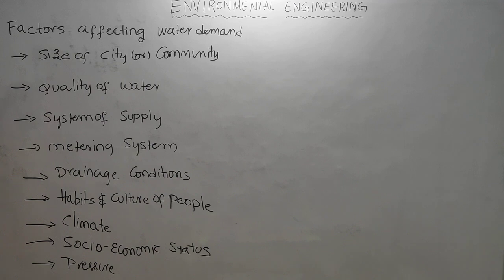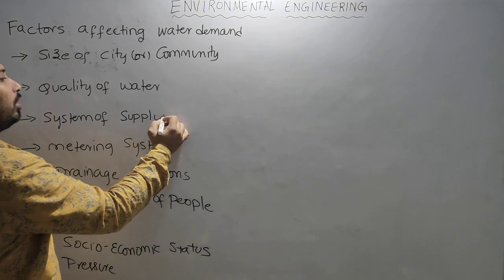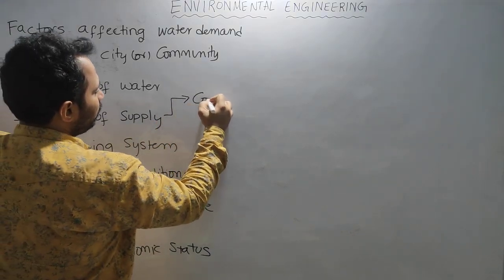See here, when the size of the community is larger, the water demand will be more. If the quality of water is good, then more water we will use. System of supply: there are two types of system of supply, one is continuous supply, one is intermittent supply.